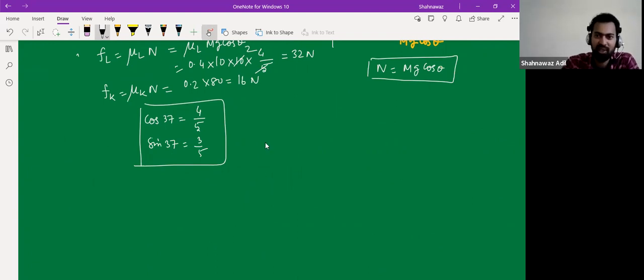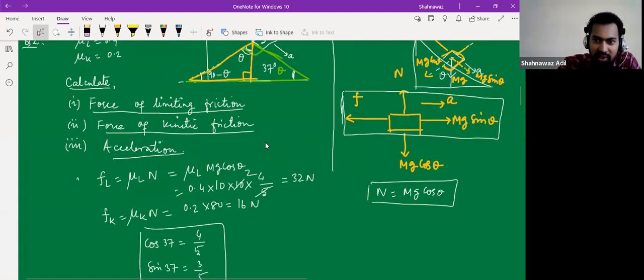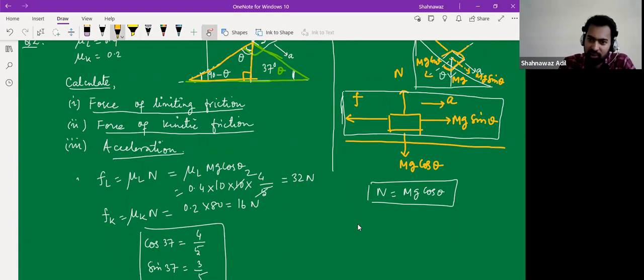So for acceleration, we have to apply Newton's second law of motion. So for this FBD, for this part, we have the second law as what? So we have F, we have mg sine theta, right?